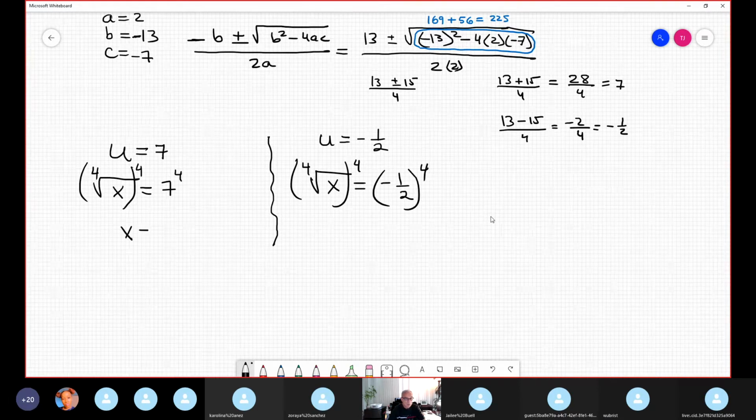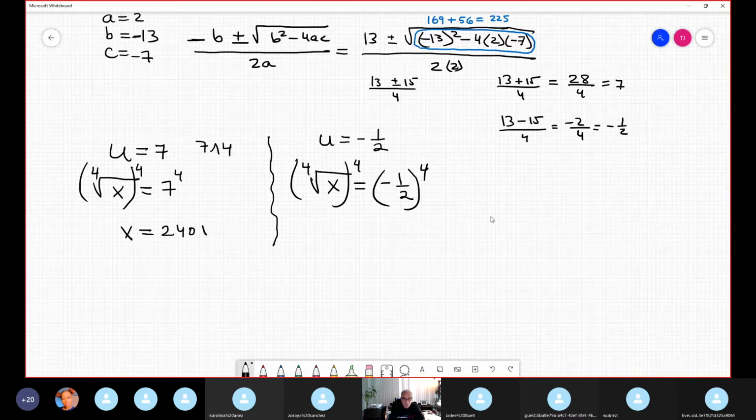So x alone, and you put 7 to the 4th power, which is 7 times 7 times 7 times 7, 4 times, or you put it in the calculator, it's easier. In the calculator you put 7 power 4 like that. It's 2401, and this is my first value.